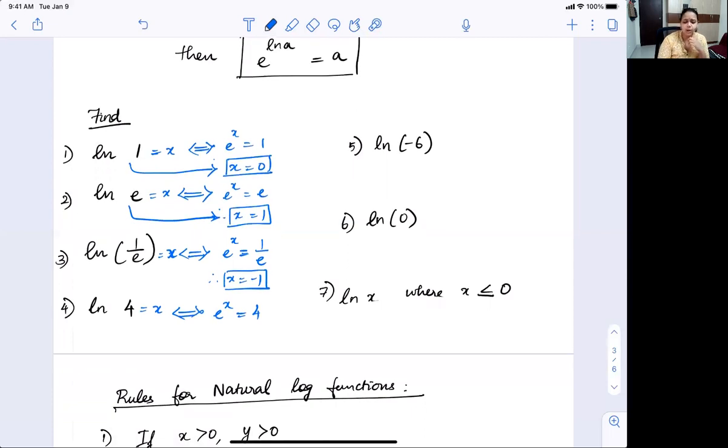Okay, ln minus 6 is equal to x. This translates into e power x is minus 6, which cannot be possible because e is positive, and a positive number raised to any power is going to be a positive number. Therefore, ln minus 6 is undefined.